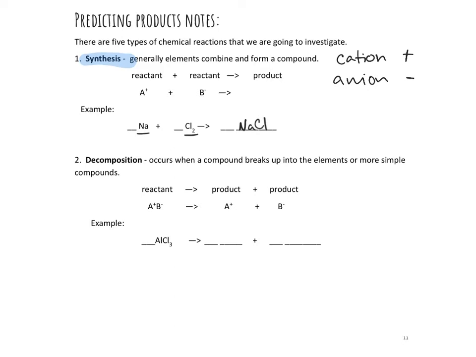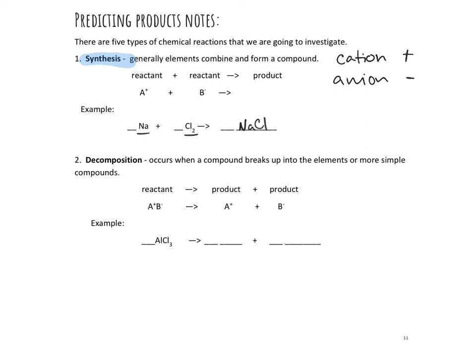Anytime you put a positive and a negative together, you have to balance the charges for them, just like we did in Unit 3 where we were doing naming and writing formulas. You probably already know the compound for sodium and chlorine is NaCl, but let's look at it with those charges.